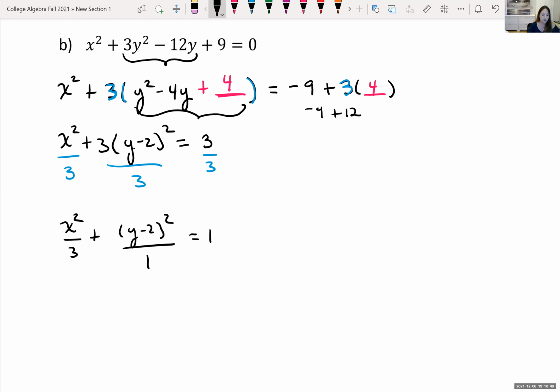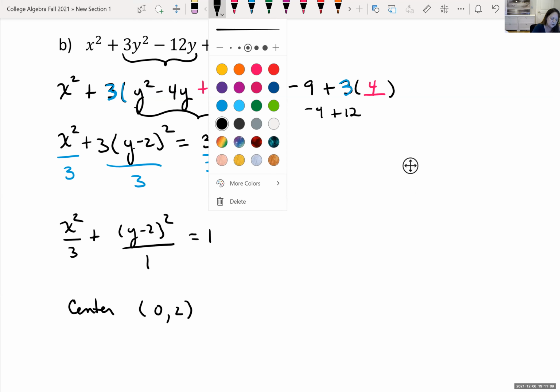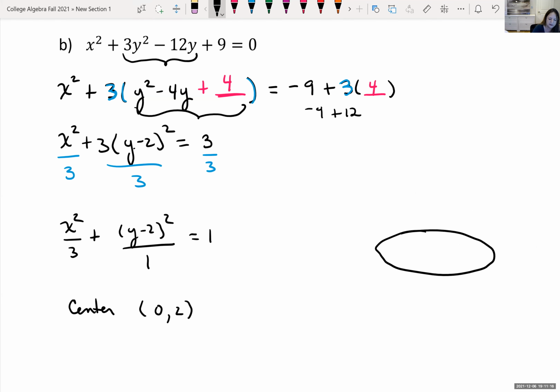So for the ellipse, I can tell what my center is. My center is going to be 0, 2. I can tell it's going to be elongated. The major axis is going to be parallel to the x-axis. So it's going to look like something like this.